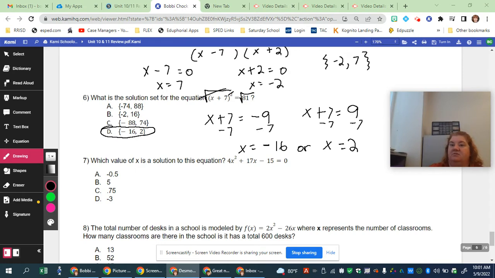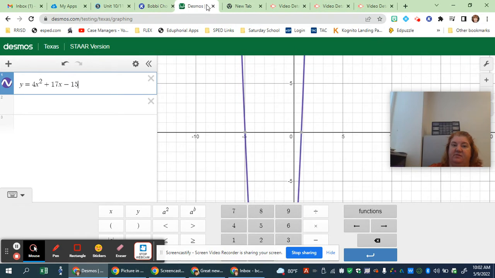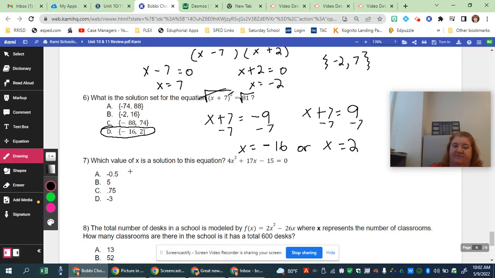Okay, so let's look at it. Here it is graphed. We have -5 and we have 0.75. Right here.